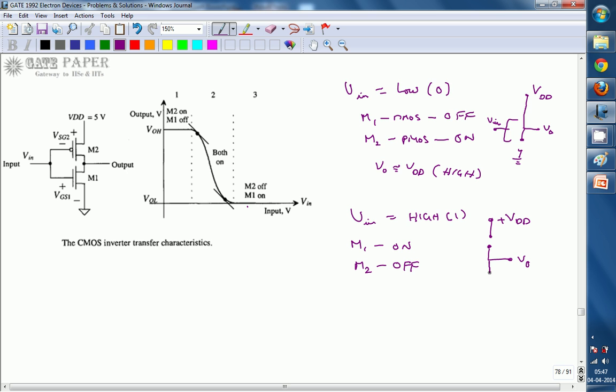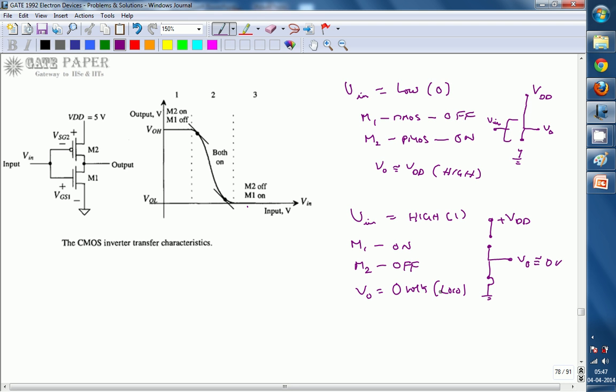But V0 is now connected to ground through the NMOS transistor, which is in the on condition. So V0 is approximately equal to 0 volts, that is nothing but low level. So this is the inverter operation.